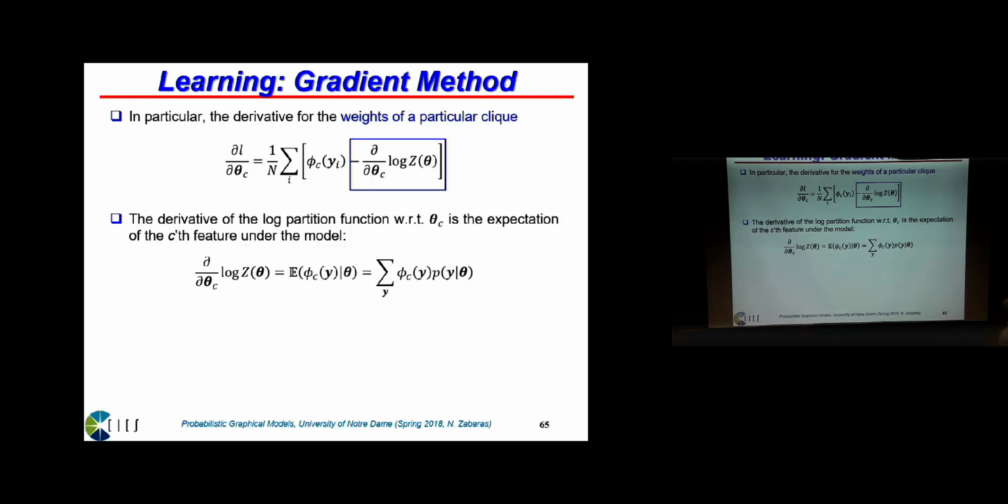This is no approximation or anything. If you think of the distribution as the product of these potentials, you have logs, so you're going to get a summation of these terms, and only one of these terms will actually give you the parameters theta_c. So effectively, at the end of the day, it is the expectation of the feature function phi_c, and you remember it is this function phi_c that's affiliated with theta_c, all right? So you get the expectation with respect to the underlying distribution.